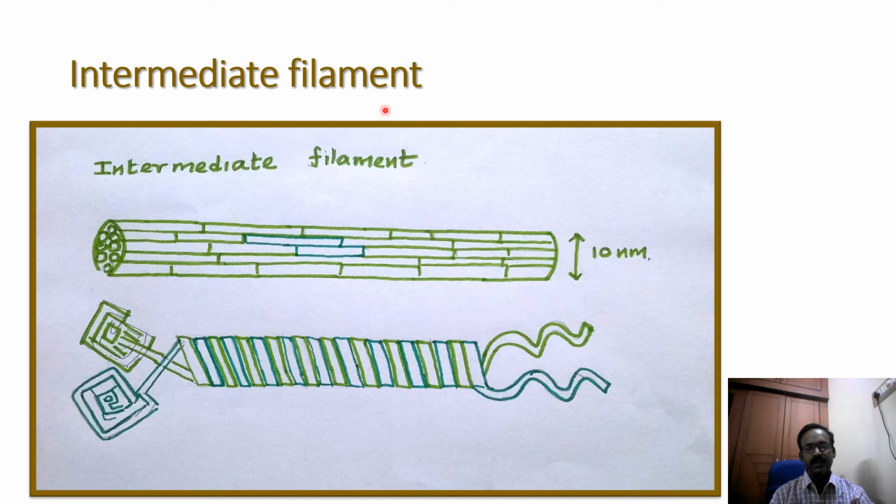The intermediate filament is a strong rope-like multi-protein assembly that provides strength for the cell and resists external pressure and stress.